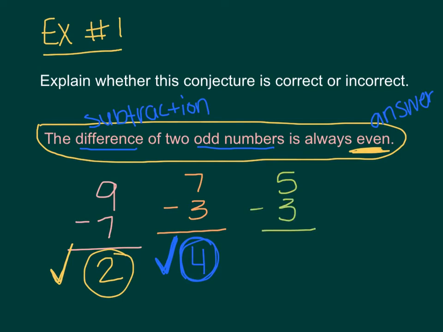And 5 minus 3 is 2. 2 is an even number. So based on our testing of this conjecture, we can say that it is correct. And it is correct because when we did 3 examples of subtracting two odd numbers, we got even numbers as our answer.